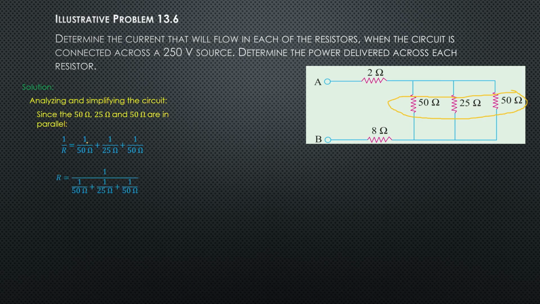And solving for R, that value will become 12.5. Upon simplifying these three resistances, the circuit now will become in this state.